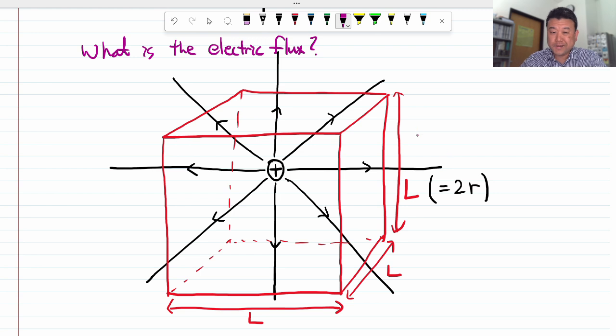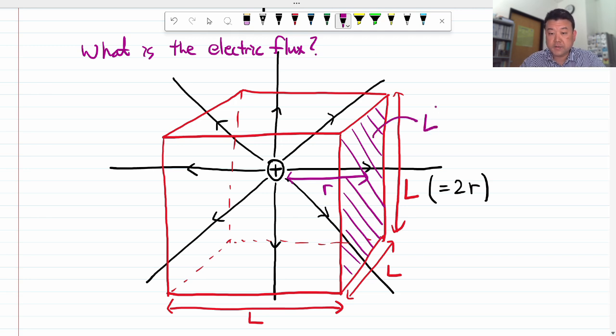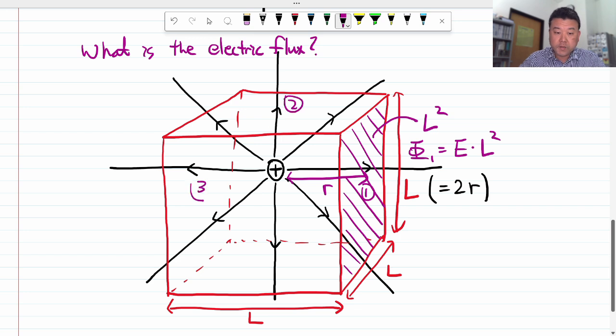And if anyone's thinking, that's simple: each face is at distance r from the charge, and the area here is L squared. So the flux through each face is E, same E as above, times L squared. You've got 1, 2, 3, 4, 5, the front, 6, the back faces.